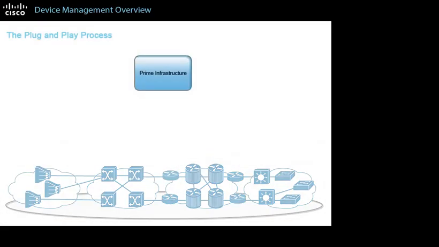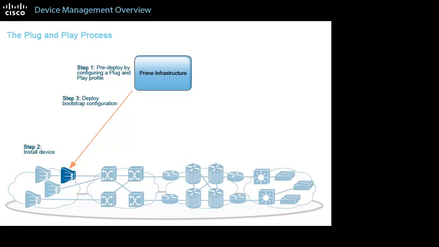The plug-and-play process performs initial configuration deployment by: Step 1. Pre-deploying the device in Prime Infrastructure by configuring a plug-and-play profile. Step 2. Installing the physical device on the network. Step 3. On installation, deploying the bootstrap configuration that the profile contains. Step 4.